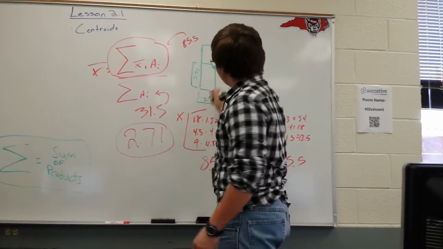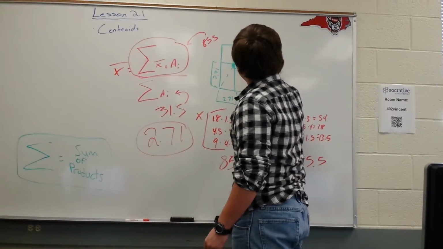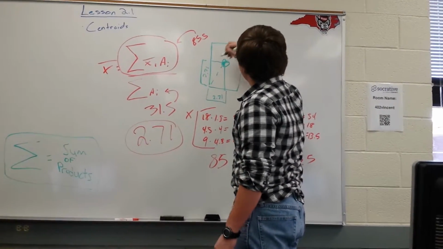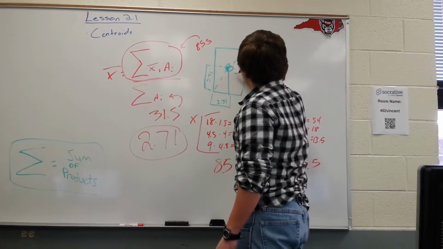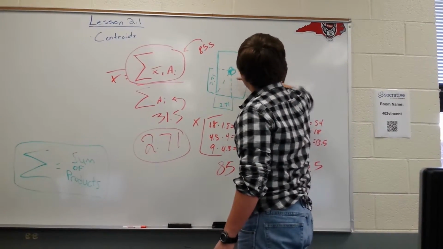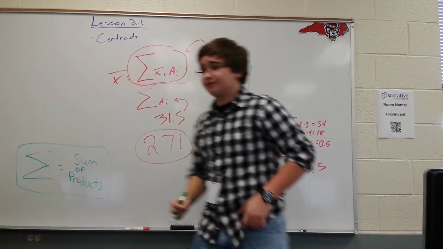That works for each one. It hits the base on this one, it hits the center of this figure, and it hits the center of this figure. And that's how you find a centroid.